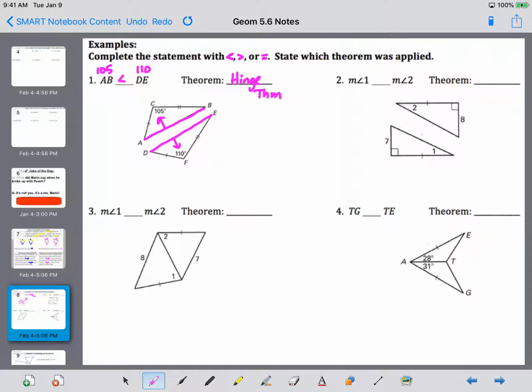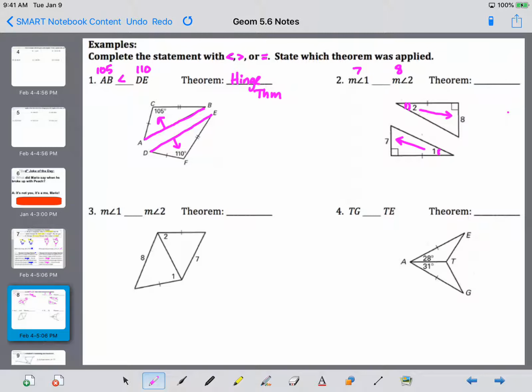All right, and in example 2, now we're looking at some angles. So we have the measure of angle 1, and we're comparing this angle here to the measure of angle 2. Across from angle 1, we have 7, and across from angle 2, we have 8.